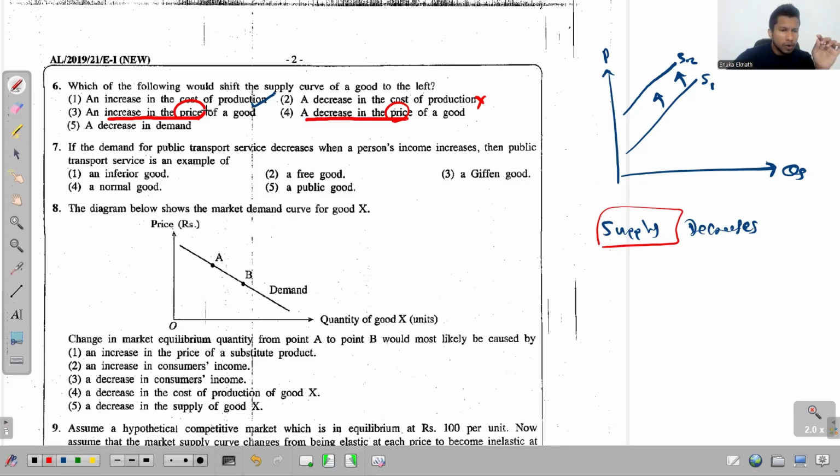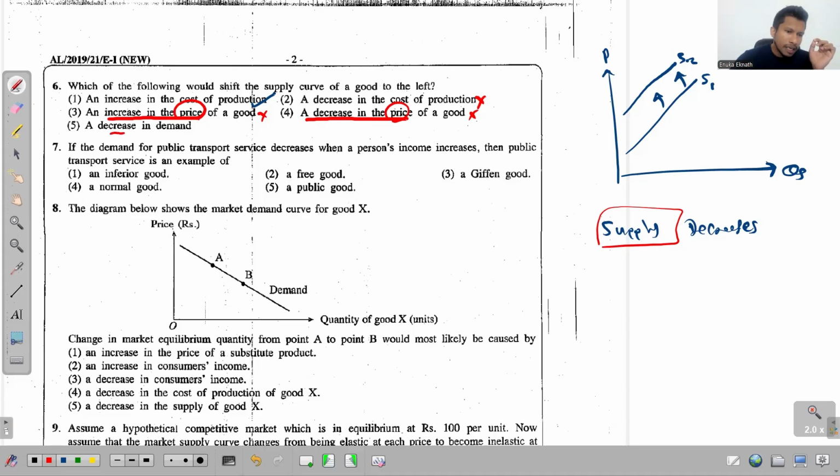To be more precise, when the price increases, the quantity supplied will increase, not the supply. And when the price of the good decreases, the quantity supplied will decrease, not the supply. So we can't consider any of these to be the answers because they influence the QS value, quantity supplied, not the supply itself.